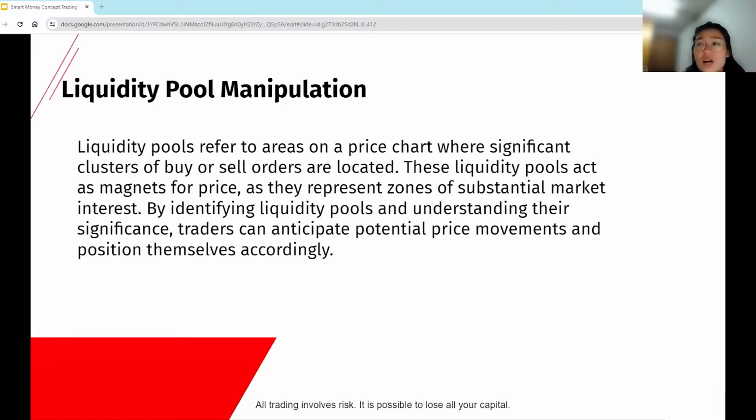These zones are, I guess, similar to what we've been using as our confluence areas, but in this case, we are talking about areas where there are many buy or sell orders. So by identifying these liquidity pools and understanding their significance, you can then anticipate potential price movements and position yourself accordingly.